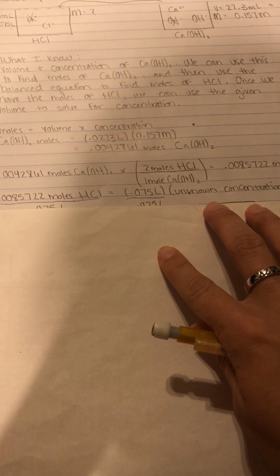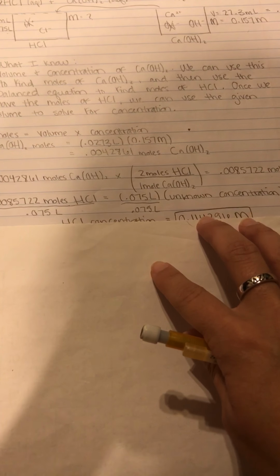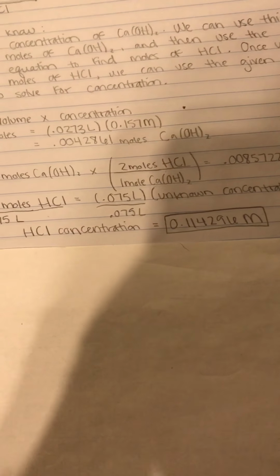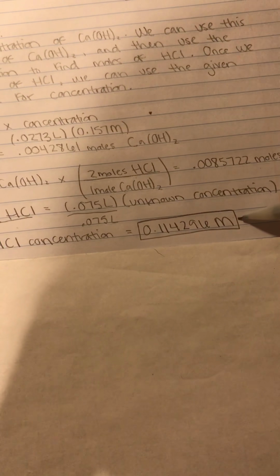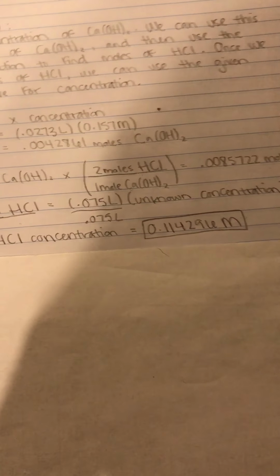We need to get rid of the liters, so we are going to divide by 0.075 on both sides, and that is going to give us a concentration of 0.114296 molarity. And that is the answer to our original problem.